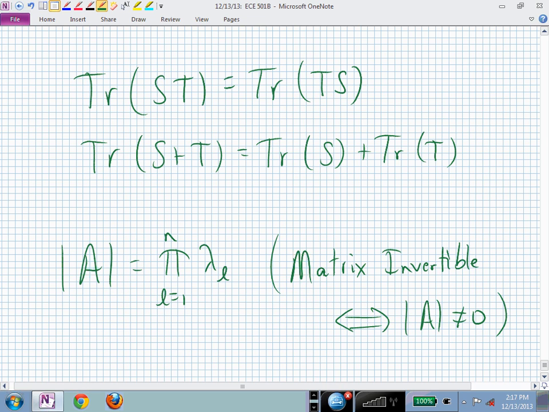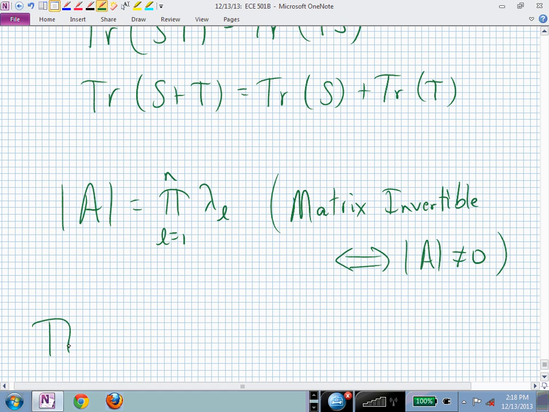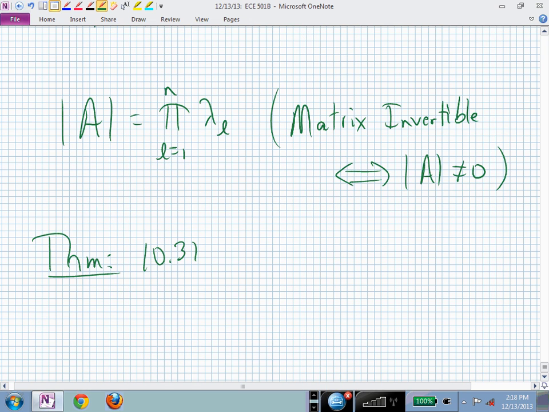If you have any zero eigenvalues, then you know you can't invert that matrix. We didn't necessarily cover this in class, but it might be a useful result for you in the future: if A and B belong to the same set of n by n matrices, then the determinant of A times B is equal to the product of the determinant of A and the determinant of B.